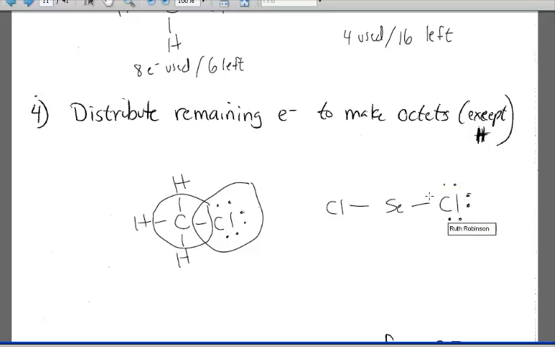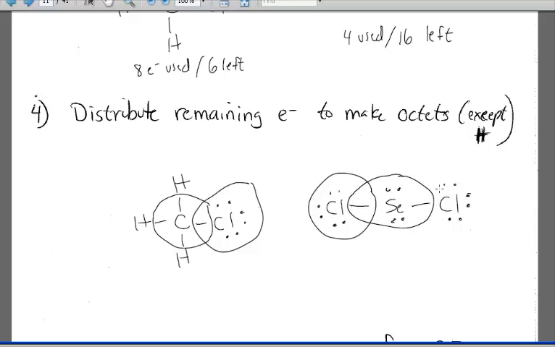So that's 2, 4, 6, 8, 10, 12, 14, and 16. So now we have an octet around each one. Chlorine has this octet, 8 electrons. Each bond is 2 electrons. Selenium has these electrons to make its octet, and chlorine has these electrons to make its octet. Notice the shared ones are the bonds.